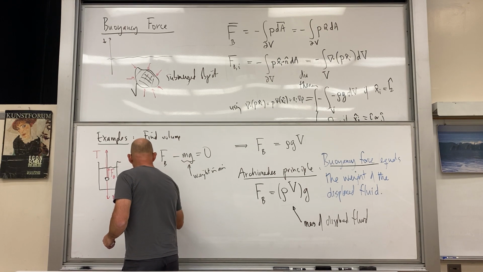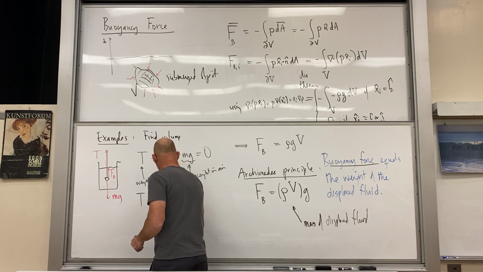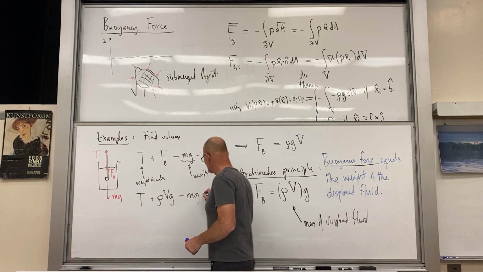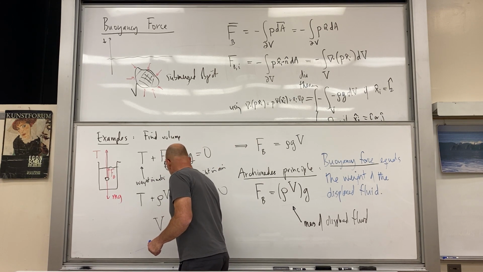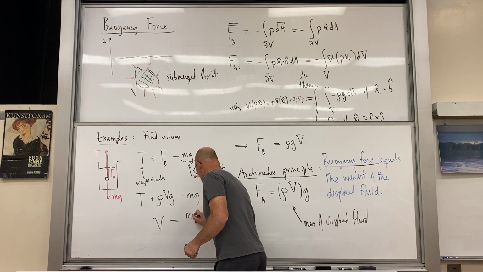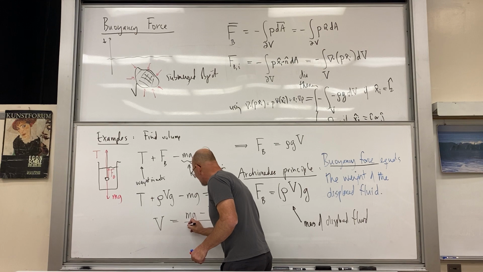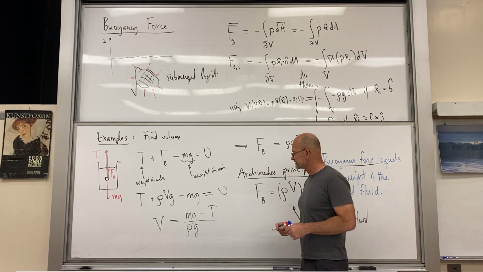We have tension plus density times volume times G minus mg, and we're just going to solve for the volume. And that's the weight in air minus the weight in water divided by density of water times G. So that's a way to do a very fine volume measurement.